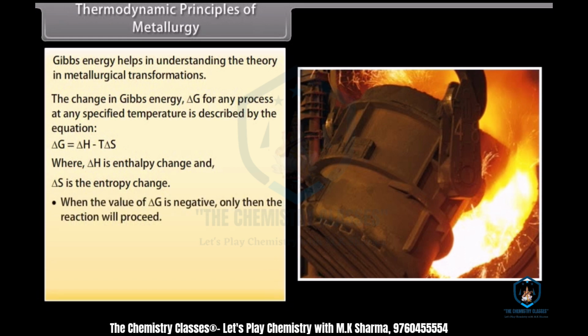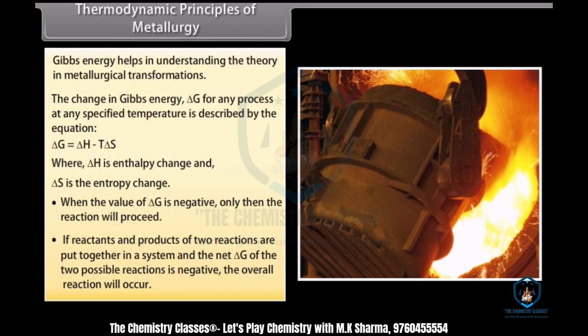Only when the value of delta G is negative will the reaction proceed. If reactants and products of two reactions are put together in a system and the net delta G of the two possible reactions is negative, the overall reaction will occur.